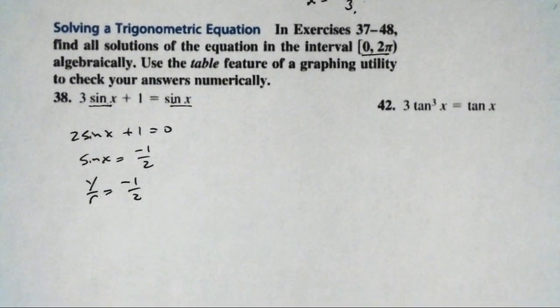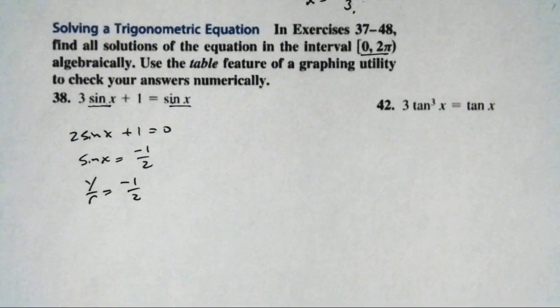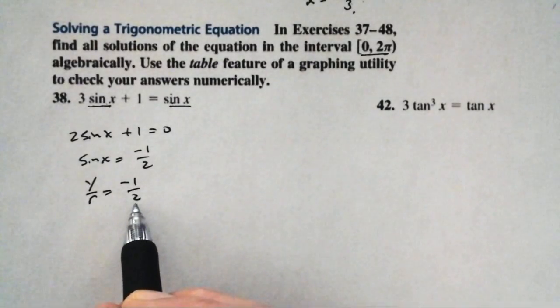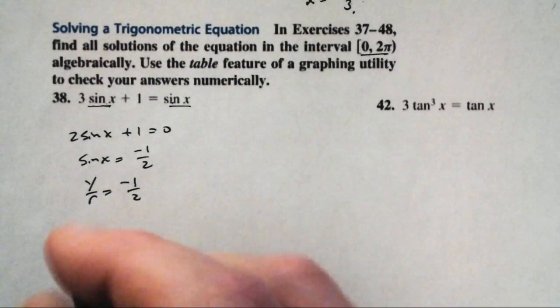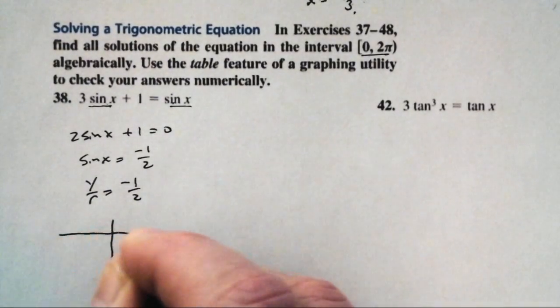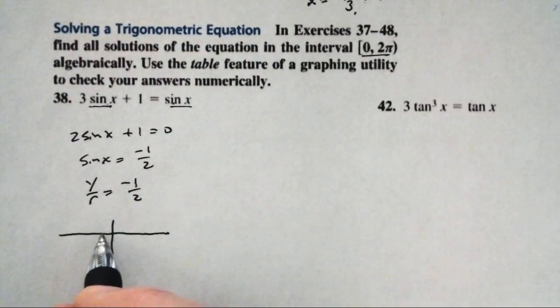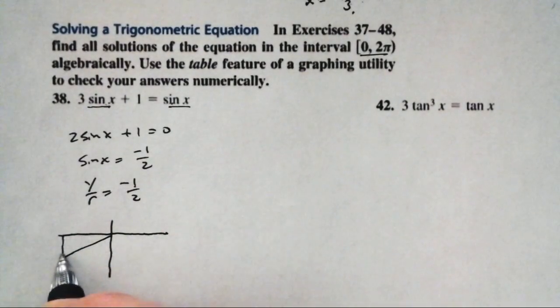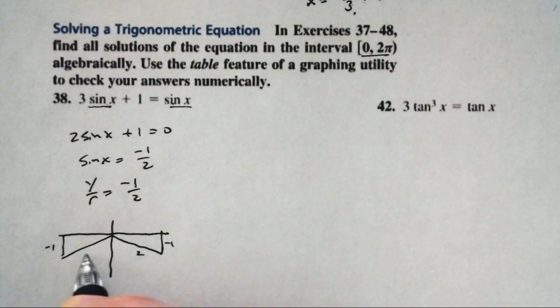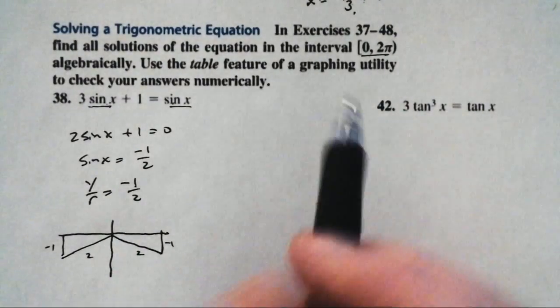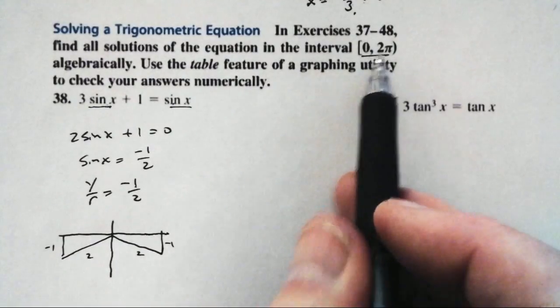And certainly by now we should recognize that that is a 30, 60, 90, a 1, square root of 3, 2, where y is the short part and y is negative. X would be the square root of 3 side, so y is short. This triangle is short, -1. Good news, we only need answers from 0 to 2 pi.